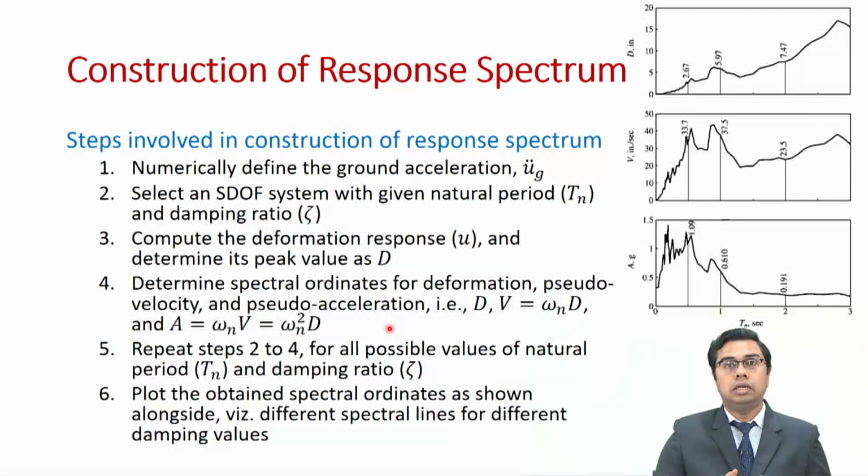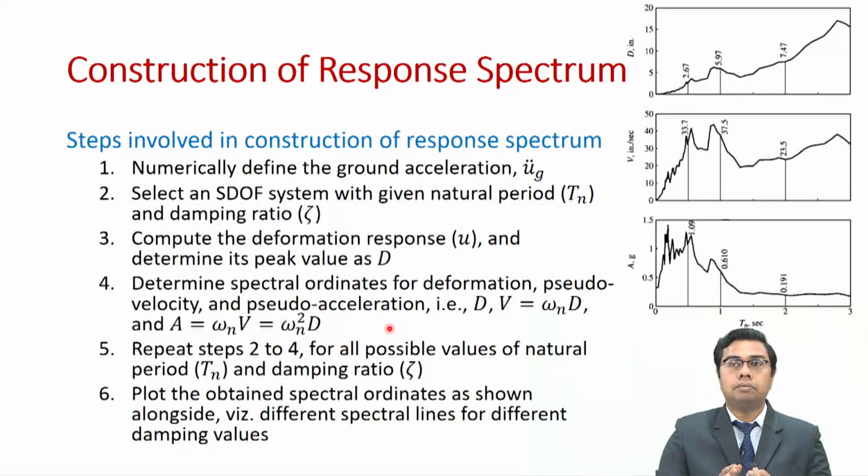These are not the real values of velocity and acceleration of the single degree of freedom system, they are slightly different from them. In this case, we have just defined them by these products. We will understand why defining pseudo velocity and pseudo acceleration helps us in obtaining the design seismic load.